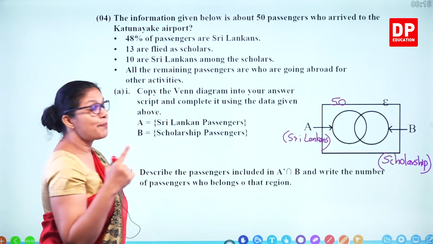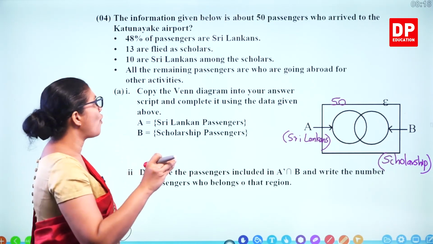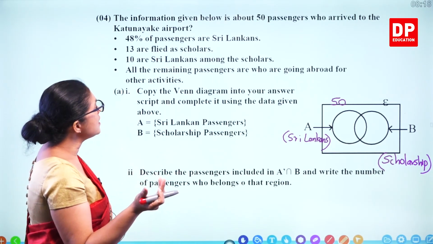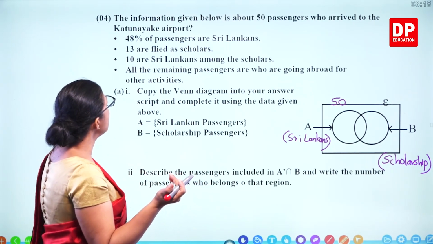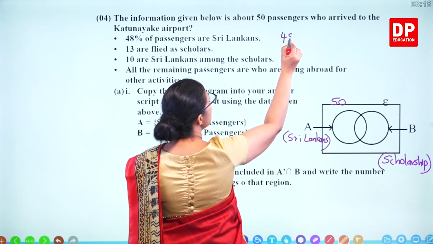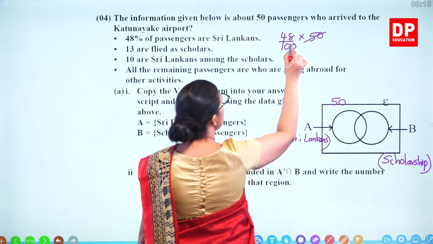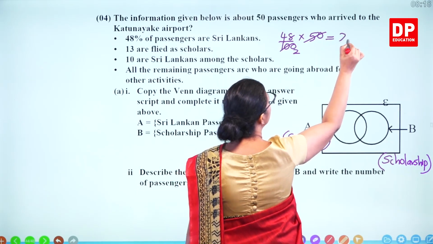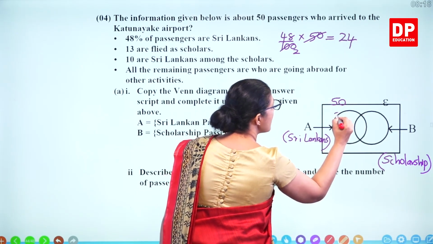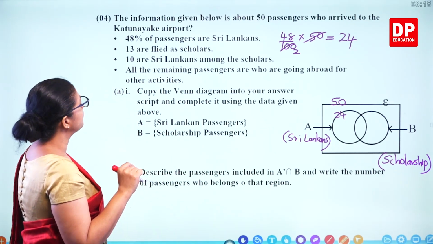So 48% means 48 over 100. For 100, that's 48. This whole thing is 50. So how many passengers are Sri Lankans? 48 over 100 into 50. That means 24. Sri Lankans are there. So 24 should be on the circle A.